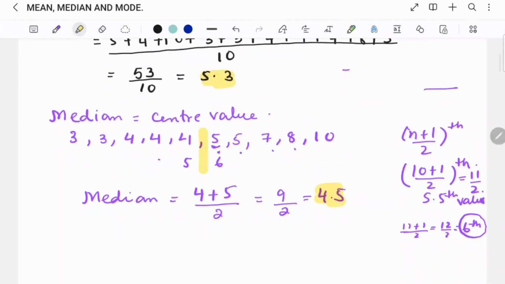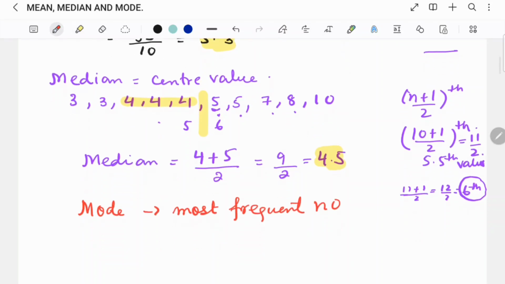Now the mode. As I've told you, the mode is the most frequent number which is coming in the data. We can see that 4 is coming 3 times, and other numbers like 3 is coming 2 times, 5 is coming 2 times, but 4 is coming 3 times. So we have 4 as the mode in this question. If 2 numbers are coming the same number of times and they are the highest, then you'll have 2 modes.